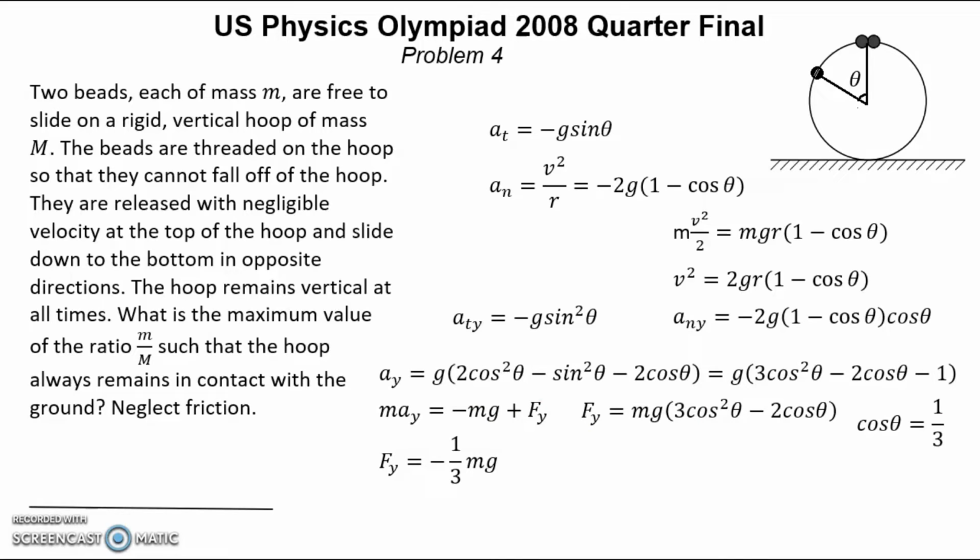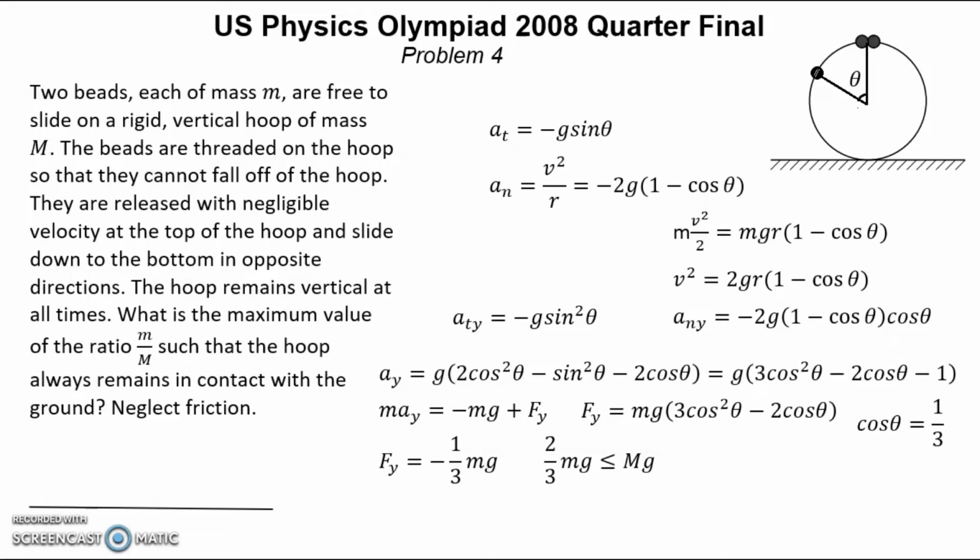If this force is acting on a bead in the negative direction, it means down. It means that the bead acts on the hoop with the same force. But because we have two beads, we act on the hoop with the force 2/3 mg.